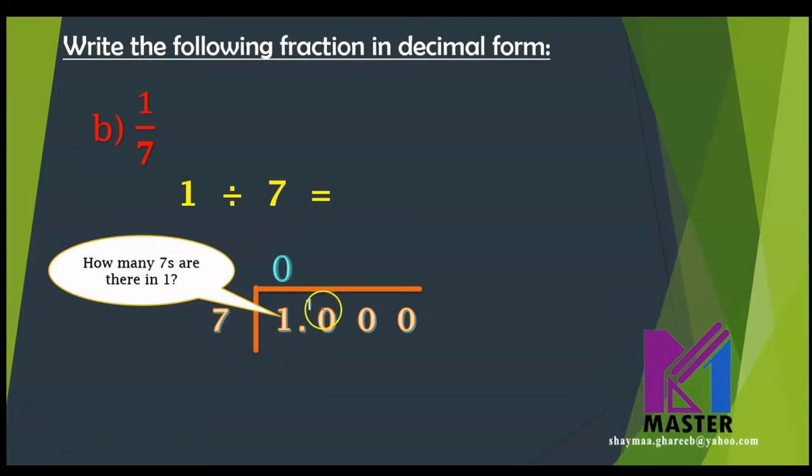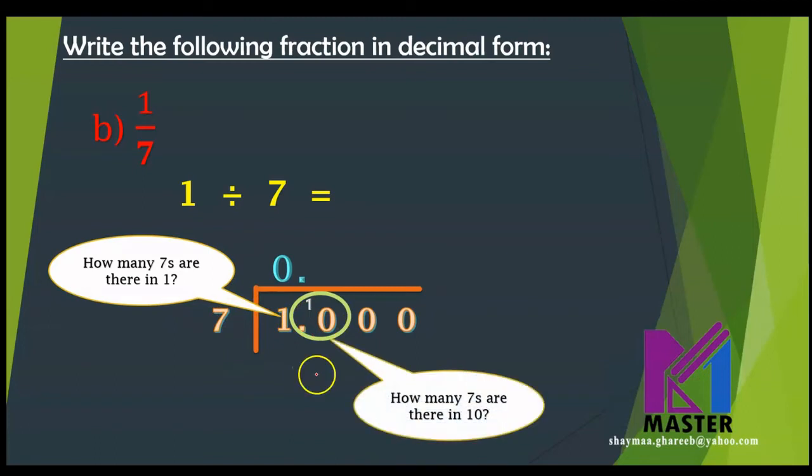And then the 1 as a remainder. I will put the decimal point at the same place. Then I will start the division. Number 10 divided by 7. How many 7's are there in the 10? 1, 7, remainder 3. So I will write the 1 up and the remainder here. Is this clear? Now I have number 30. 30 divided by 7.